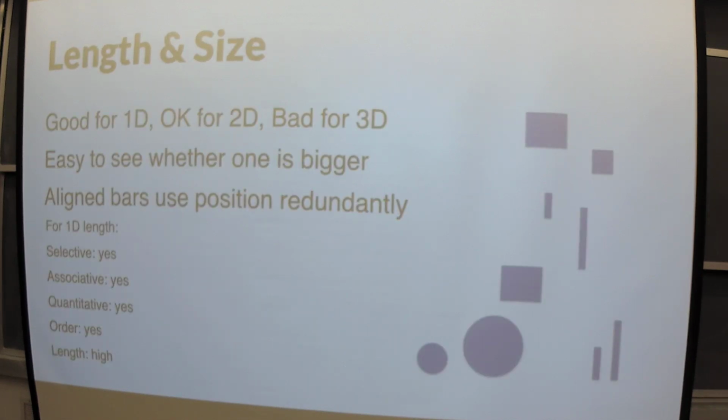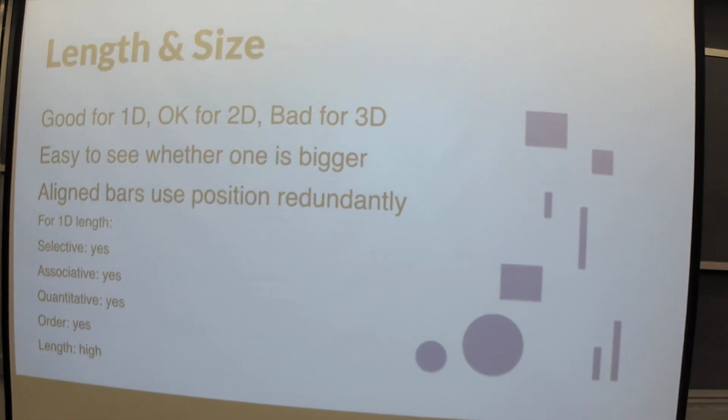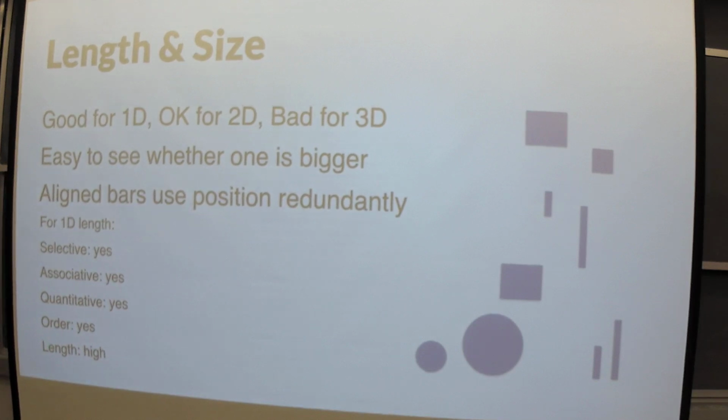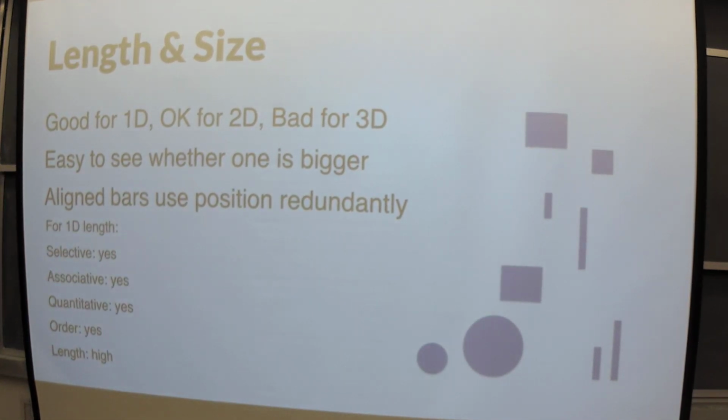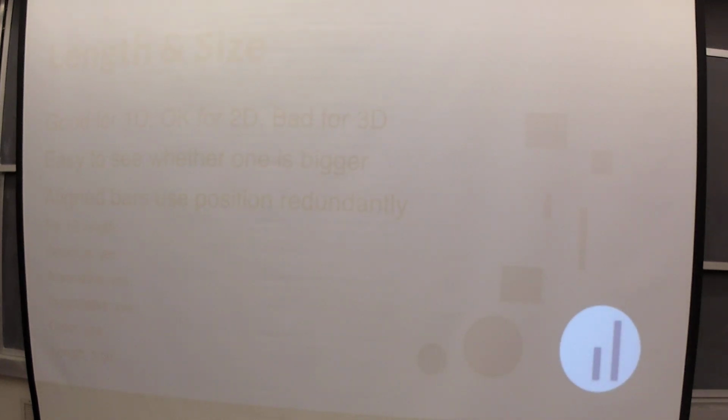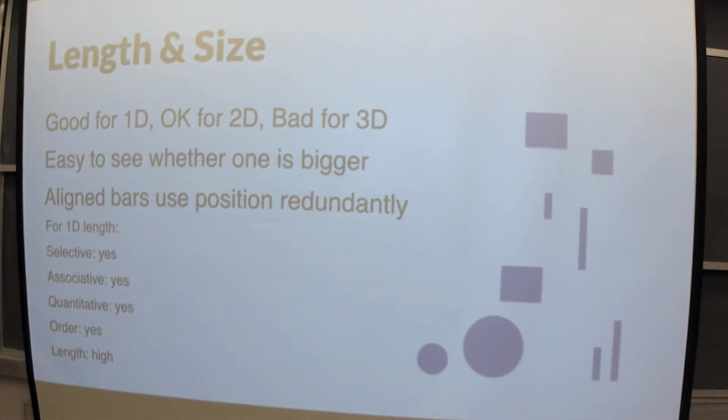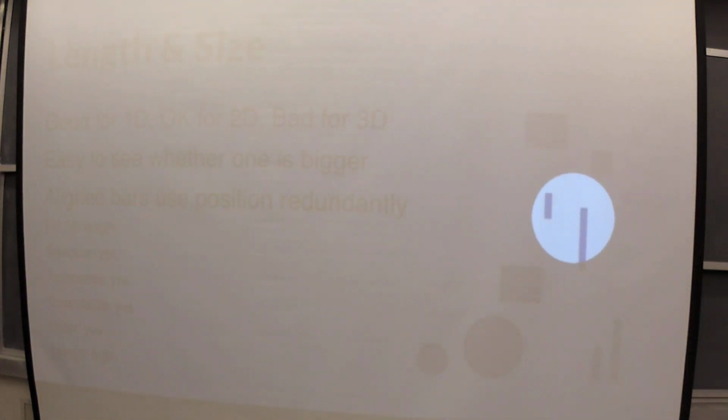Length and size are good for 1D, okay for 2D, and bad for 3D. It's pretty easy for us to spot an item that is bigger than another item. And we should also note here that if we have bars, like here at the bottom, we're using both length and position redundantly, as I already mentioned before. So for example, this here is much harder to do a judgment of; it's obvious which one is bigger.